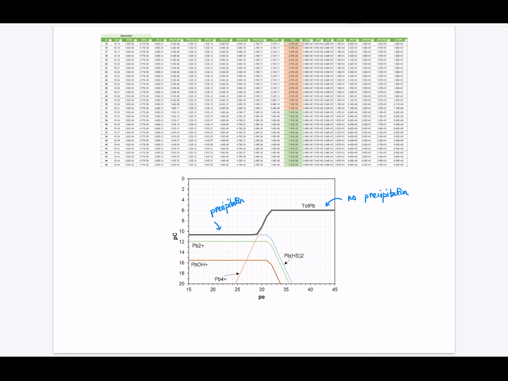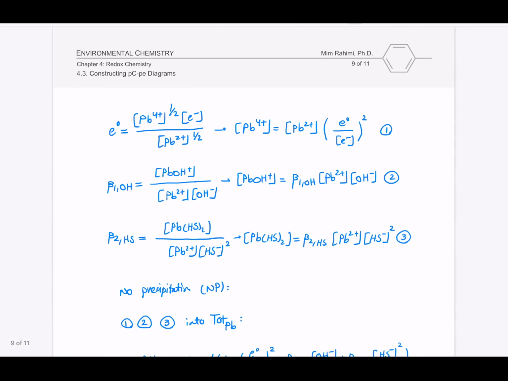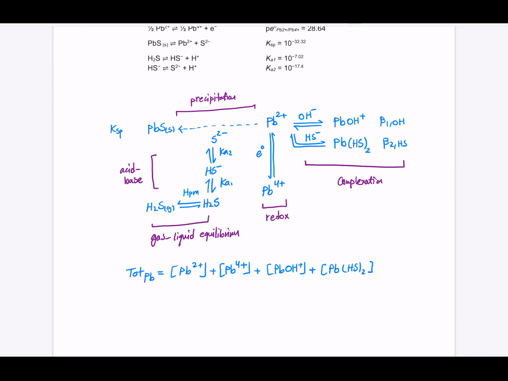So it seems we can remove lead from the system at a fixed pH by lowering the activity of electron, the total lead. And when we look at the diagram, we see that when we lower the activity of electron, the pe changes. So that means when we increase the concentration of electron, this ratio is leaning towards more like Pb2+.